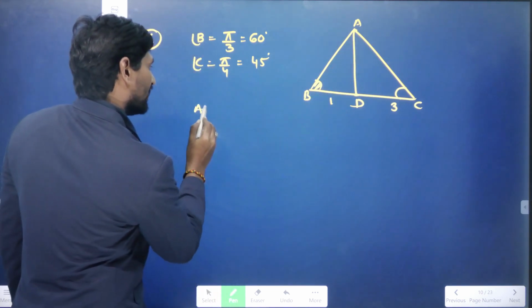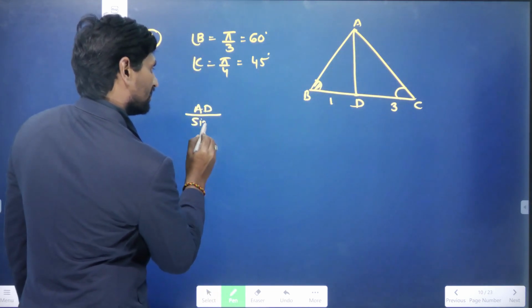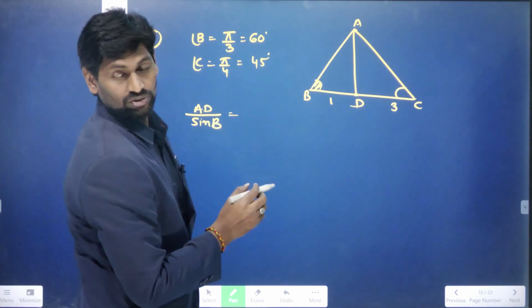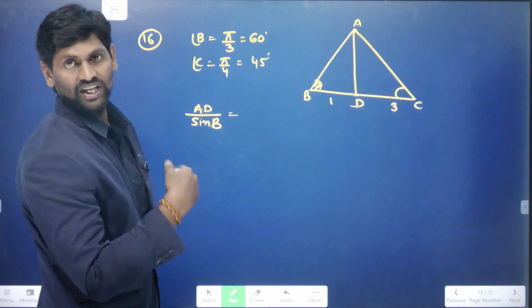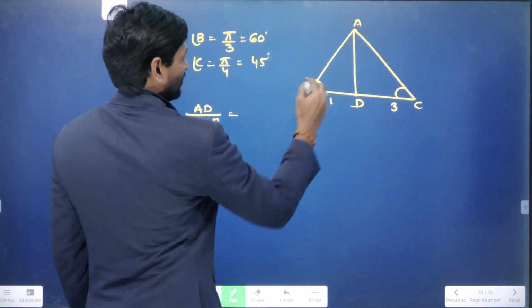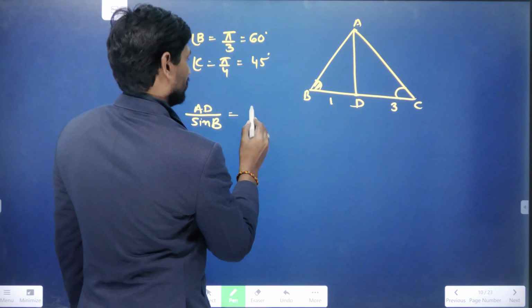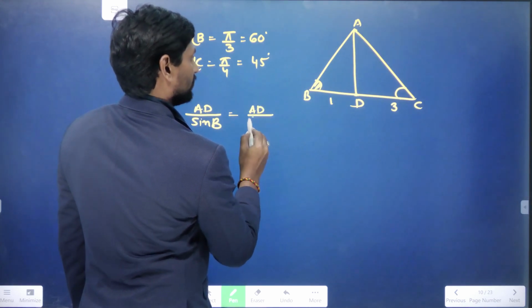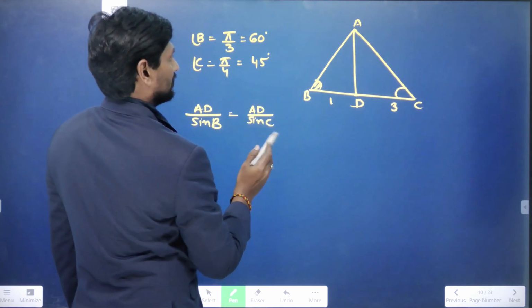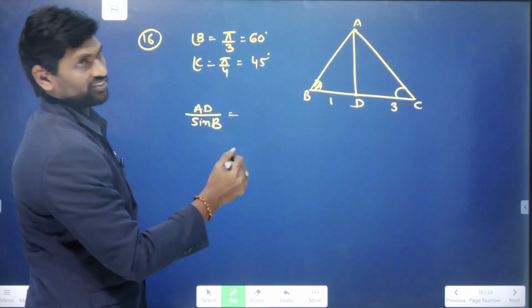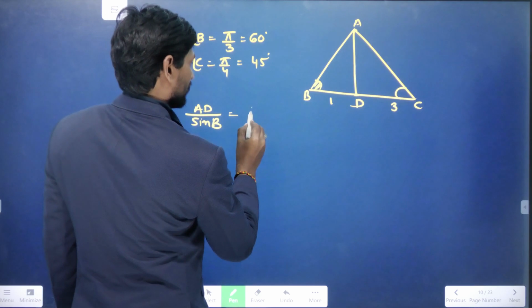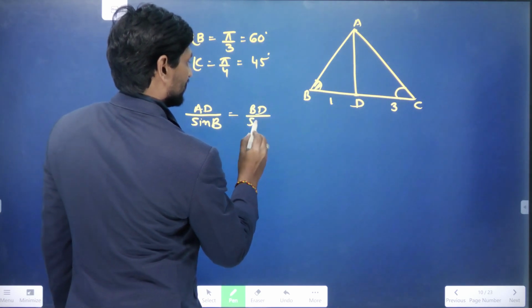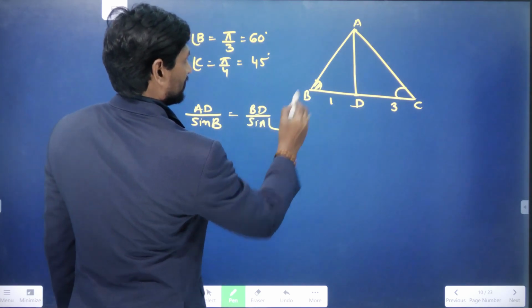So I can write, by the sine rule, a by sin A, b by sin B, like this, where a is exactly opposite to angle A. Here AD by sin B is equal to AD by sin C. From the same triangle we have taken, AD by sin B equals BD by sin A, in the sense BAD.